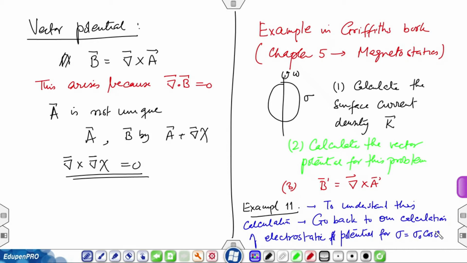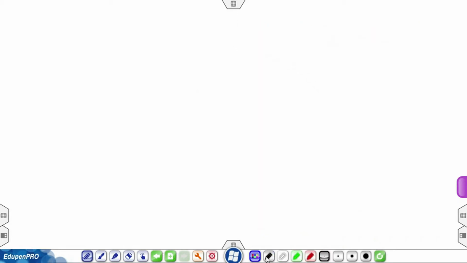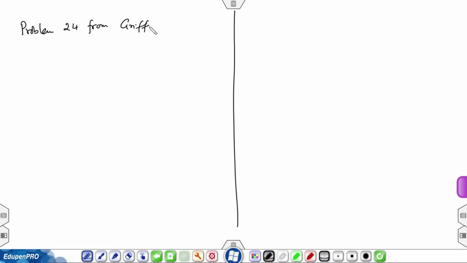The problem I want to do now, just to get your attention to and get you sensitive to the vector potential, is this. This is problem number 24 from Griffiths, chapter on magnetostatics.